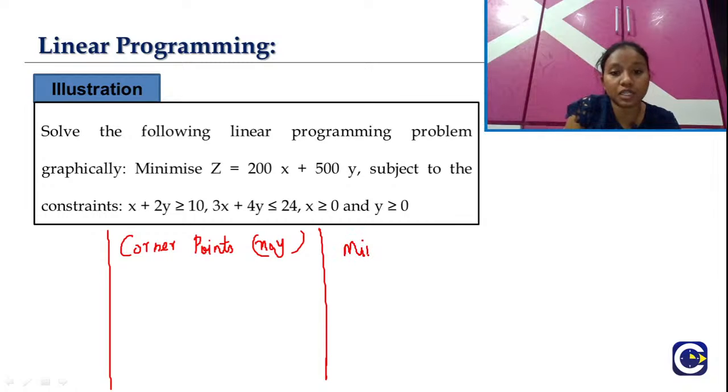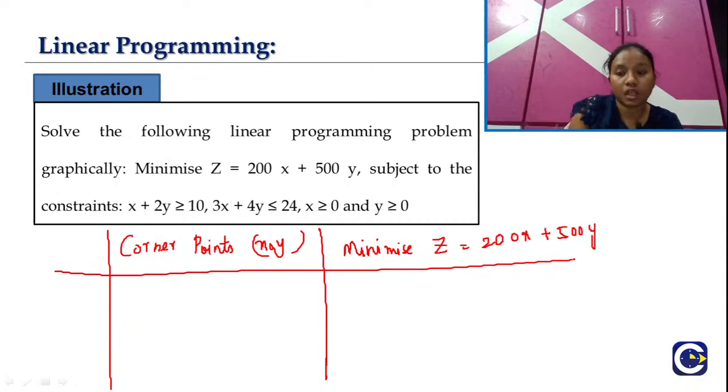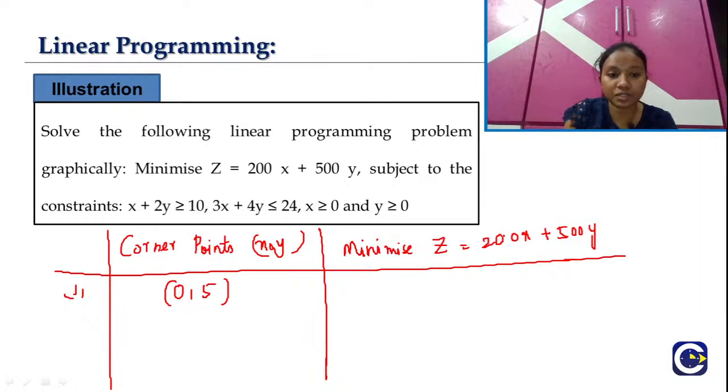Here we have to find the minimization of the objective function, 200x plus 500y. First corner point 0, 5. That means x will be 0, y will be 5. That is 5 fives are 2500.